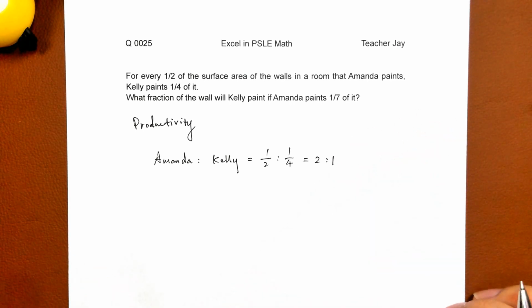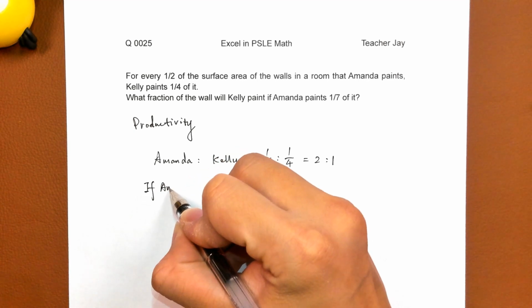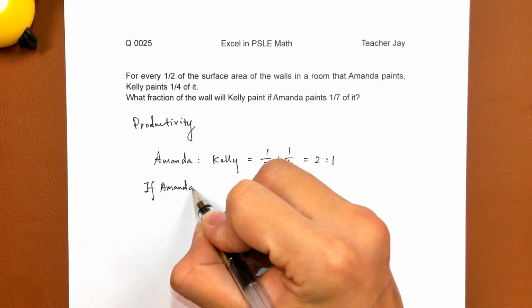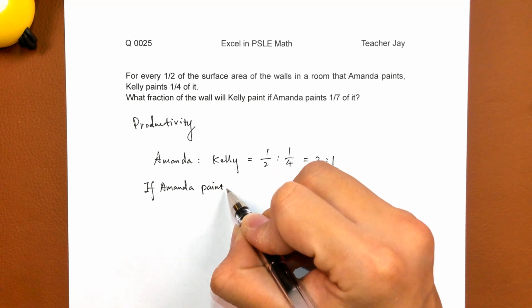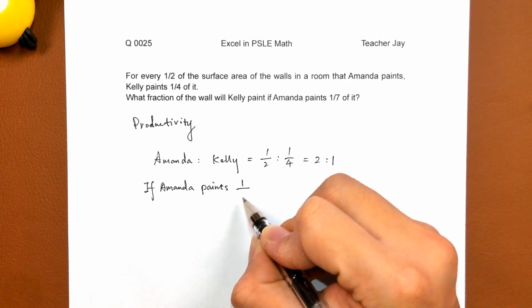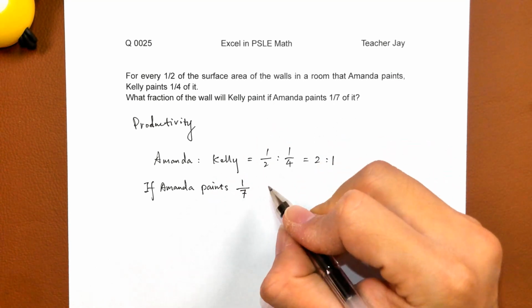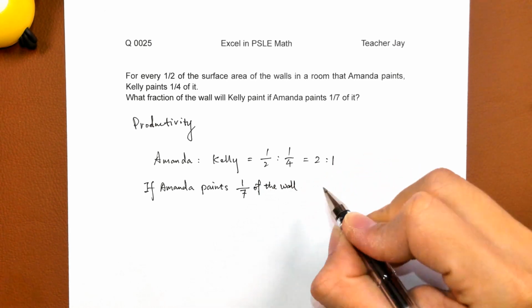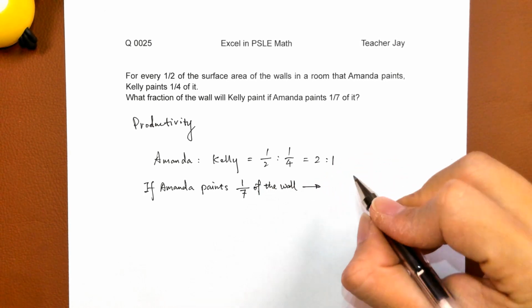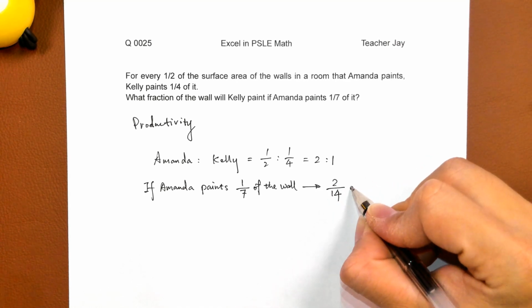Amanda is faster. So if Amanda paints 1/7 of the wall, that means 2/14 of the wall.